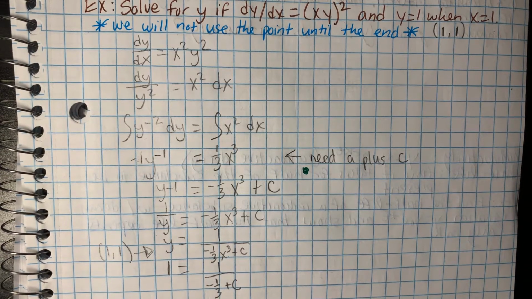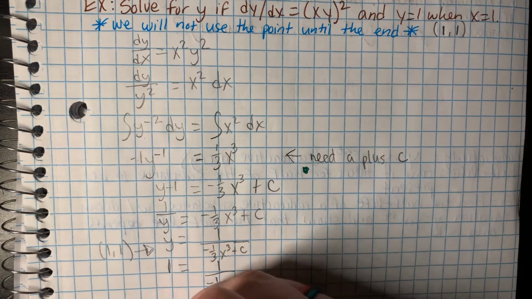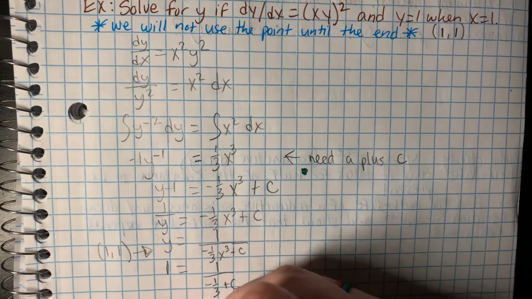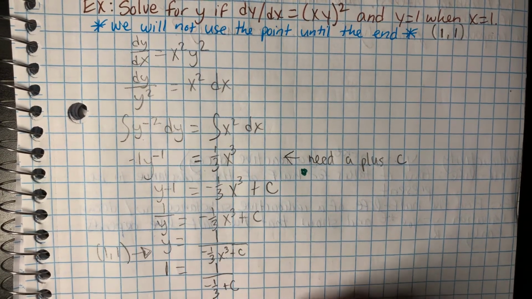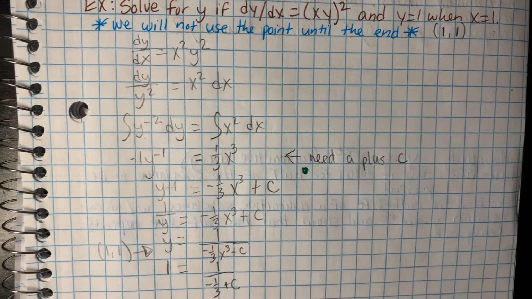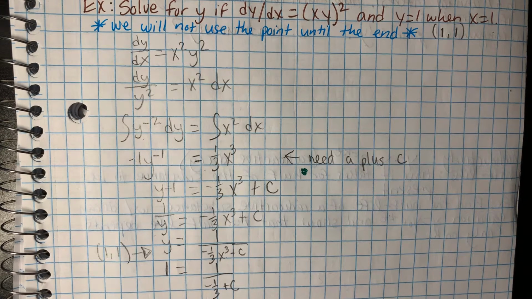Then we'll need to solve. Same thing, we could flip it: negative 1/3 plus c equals 1. c is going to equal 4/3.